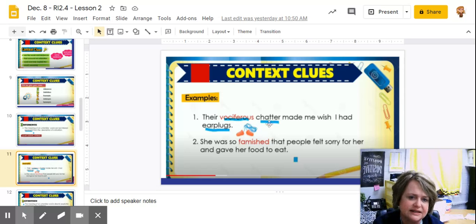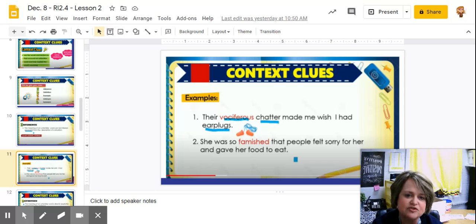So apparently, the chatter made me wish I had earplugs. They were talking so loud, I wish I had earplugs. So vociferous must mean loud.